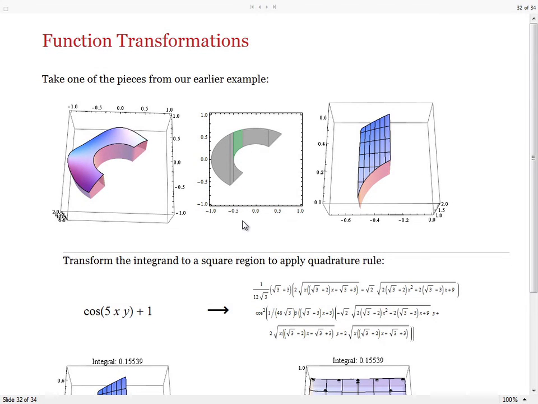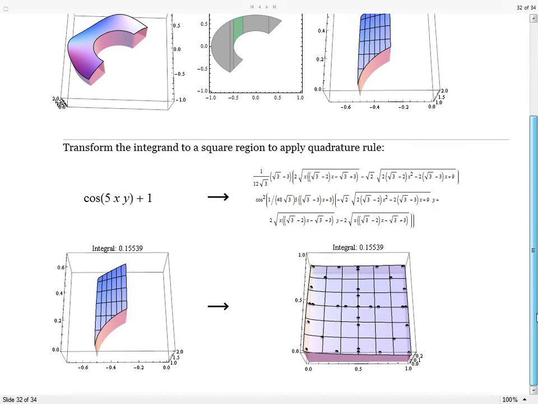Let's look at one of the integration subregions, this one highlighted in green. If an integration region is square or rectangular, Mathematica can use pre-computed coefficients and weights to estimate the integral, and this saves time. Therefore, it would be convenient if we could transform our existing integrand and integration range into a new integrand with an integration range that is a unit square.